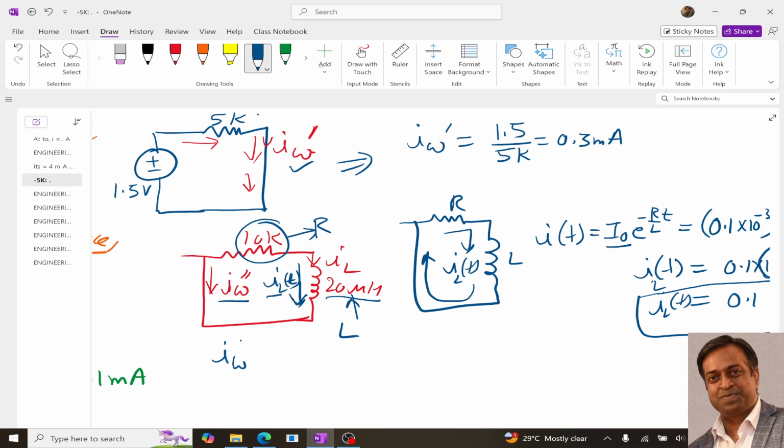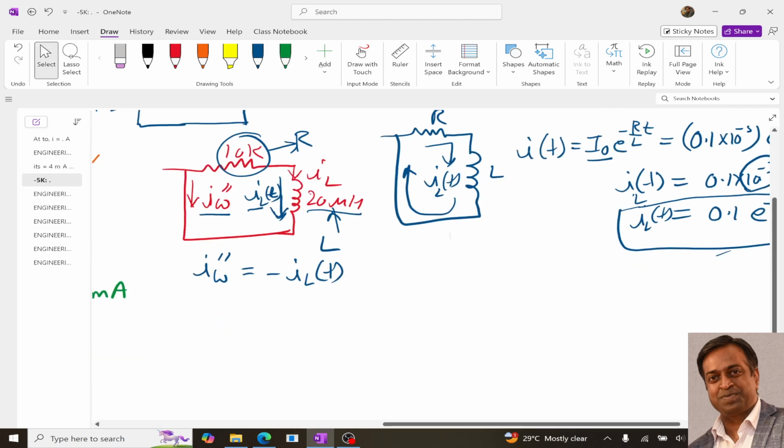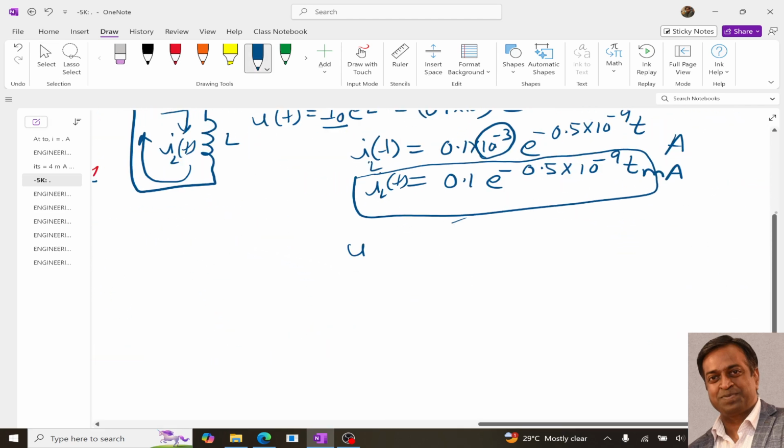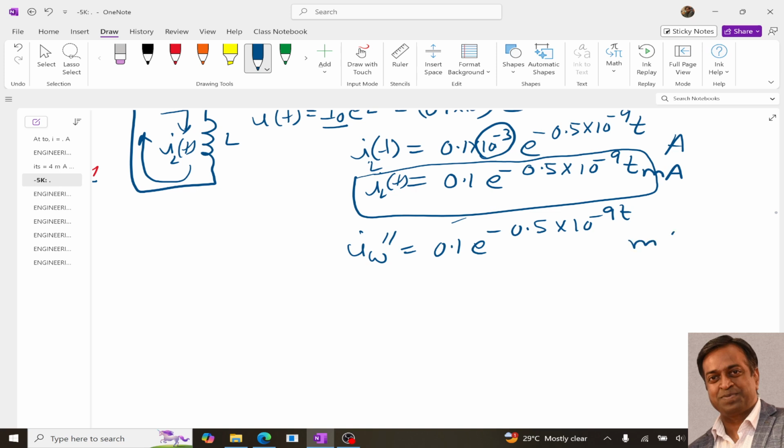So IW double dash will be minus 0.1 e power minus 0.5 into 10 power minus 9 t milliamperes. So now we have determined the current due to the inductor, which is IW double dash.